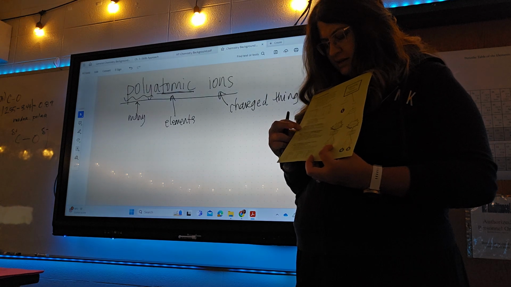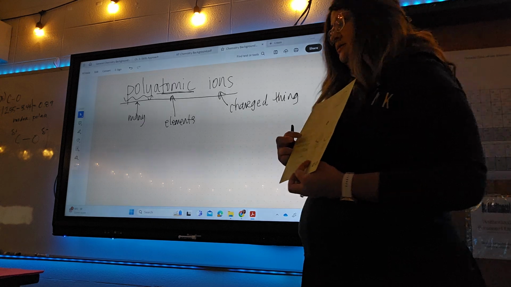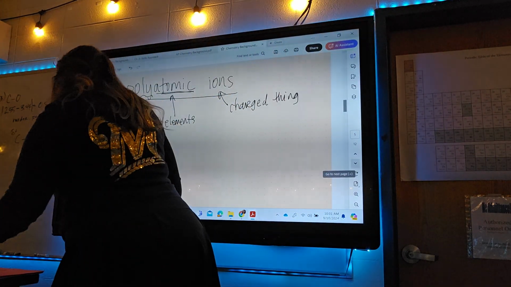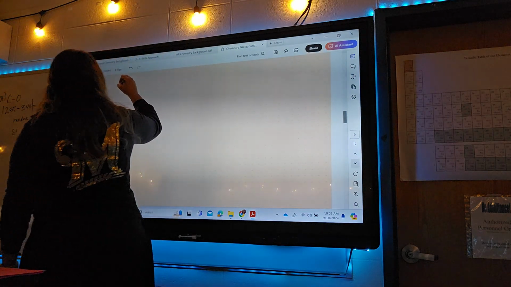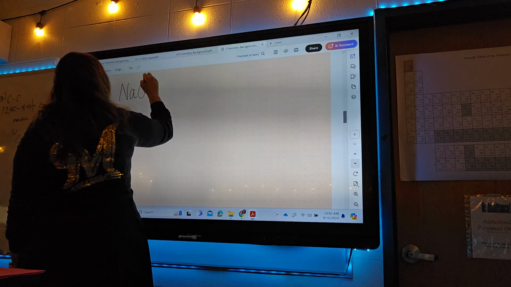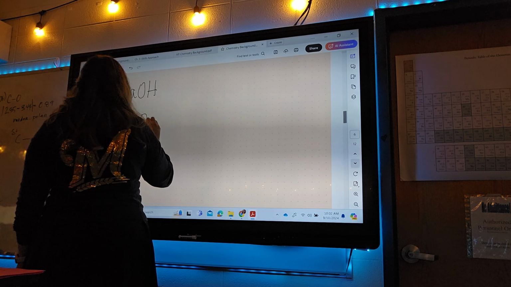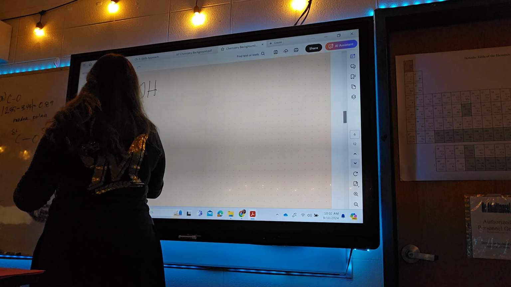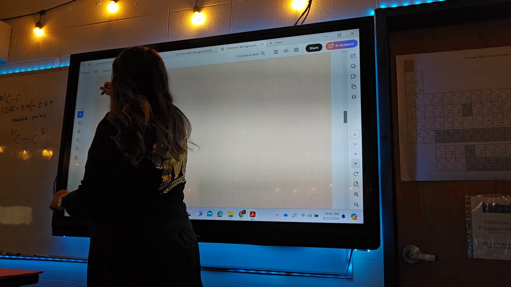Rule set number 3 says to name my polyatomic ion from the pink sheet. All right, so let me give you some examples of what this would look like. This is type 3.